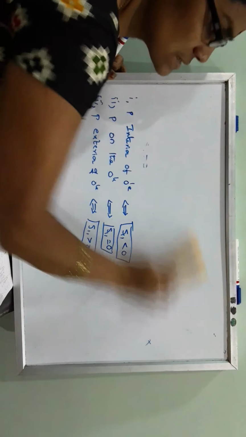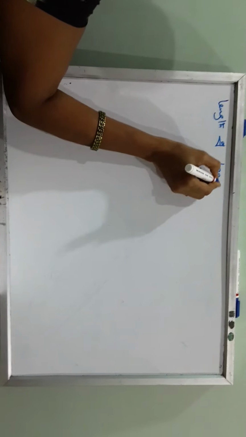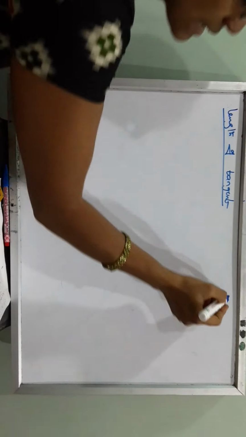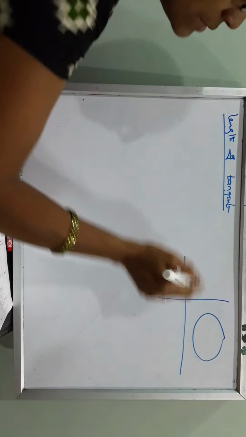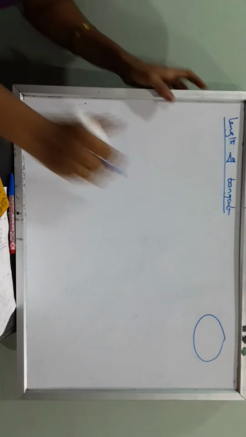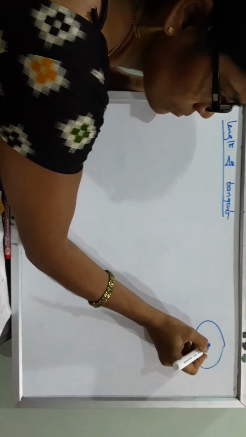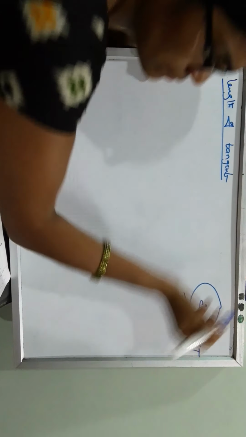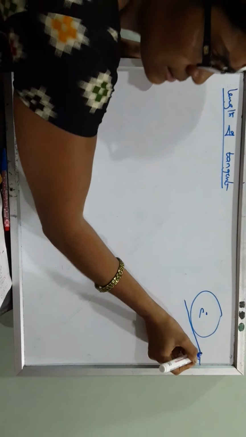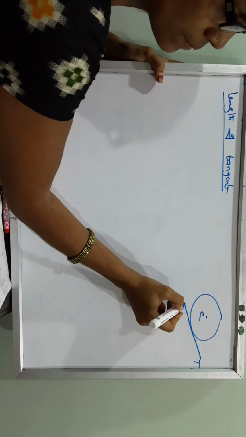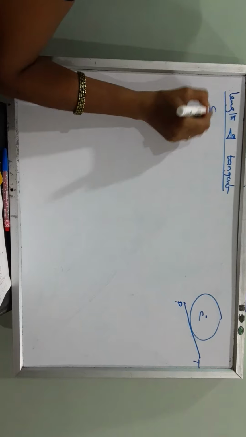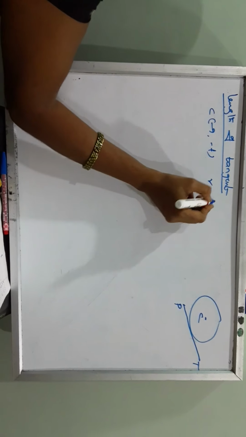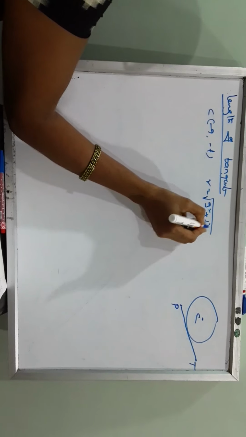The next concept is the length of a tangent. Let us take a plane, no need to draw the plane. Just center C here, and a point T. Take any point P. Here the center C is (minus g, minus f) and the radius is under root g square plus f square minus c.